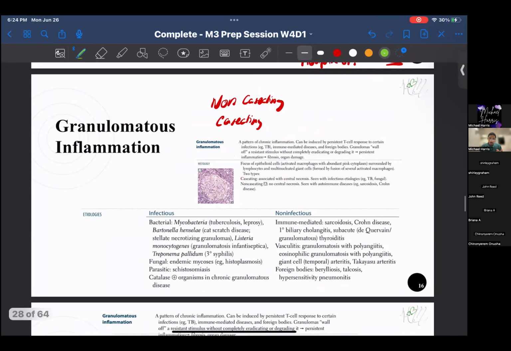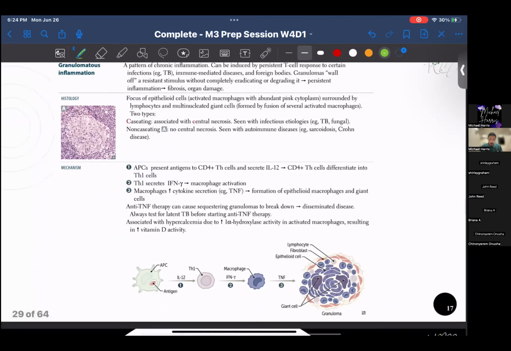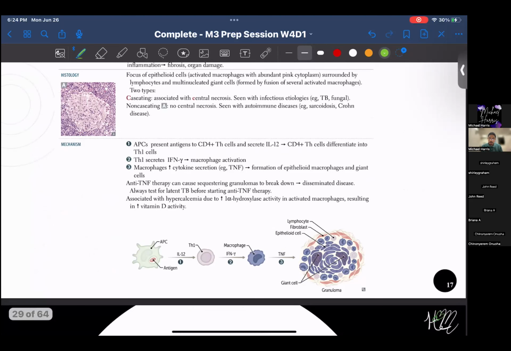Make sure you know how granulomas form, what's the main player behind it, how there's two different types, because that's essentially what all this here is talking about. Okay, here you have APCs, they eat things, right?